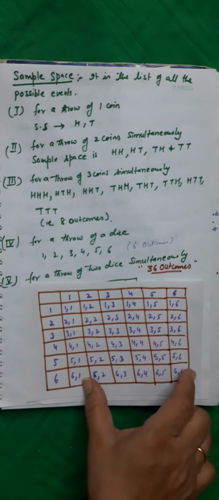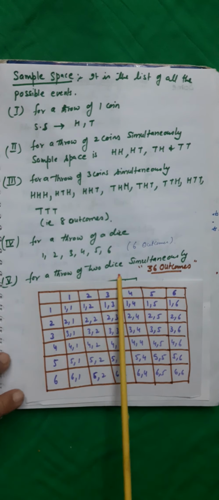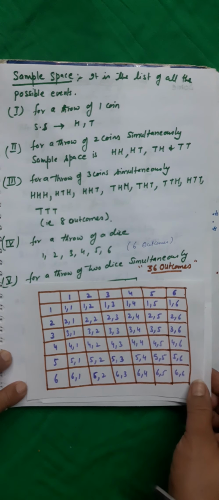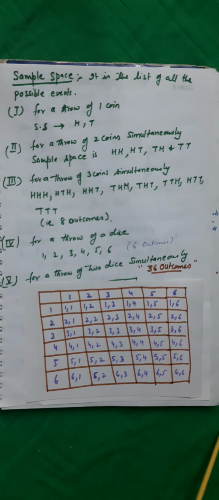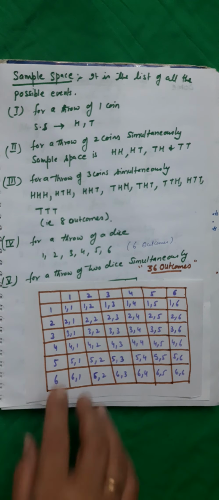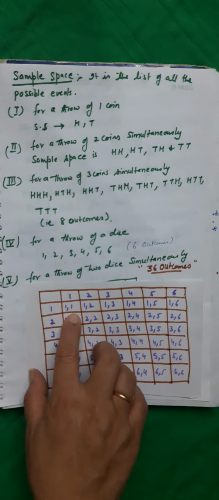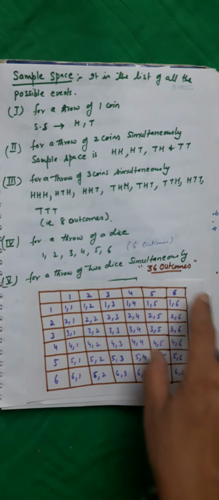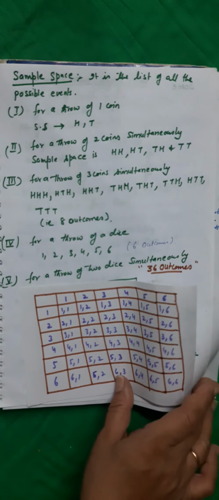So this is the sample space for the throw of 2 dice simultaneously. We can also say that if I have 1 dice and I am throwing it 2 times, the first time I got 1 and the second time I got 1, then also I can draw this chart.